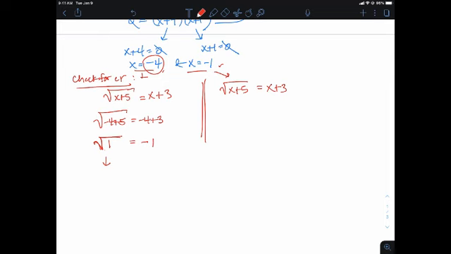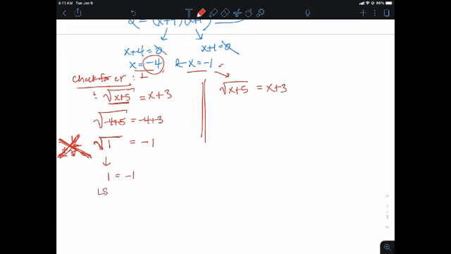So the root of 1 we're not going to say is positive or negative 1. We're not going to say that because this root was part of the original question we're given, and they didn't give us a plus or minus there, so we're assuming the principal root. Again, we only do this if we introduce the root sign as an algebraic step when it didn't exist previously. So the principal root of 1 is just 1, equals -1.